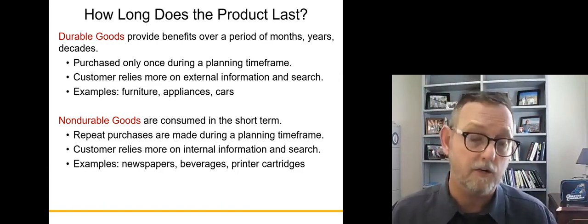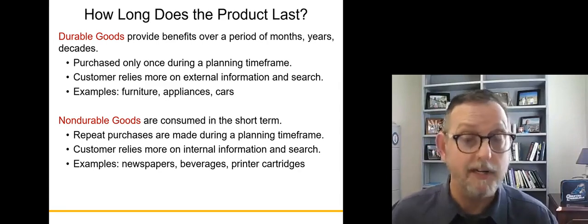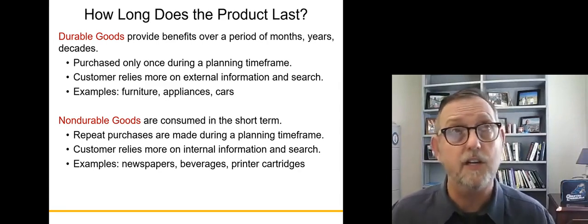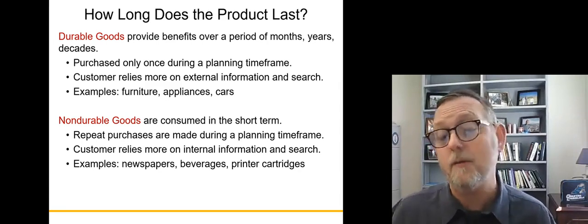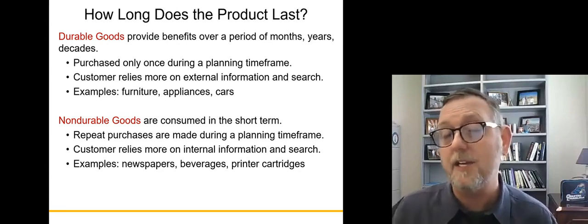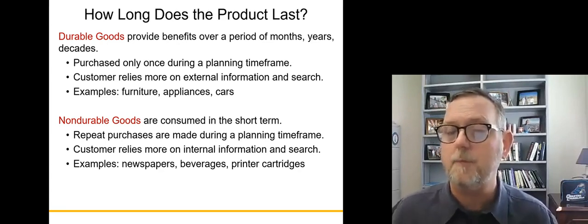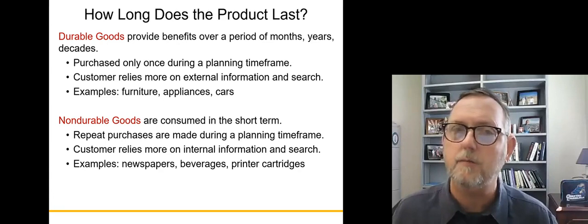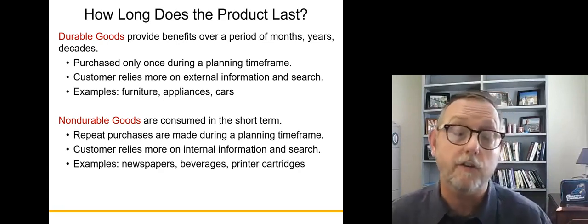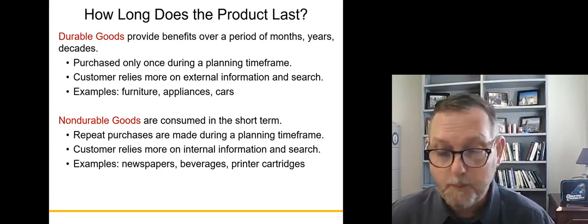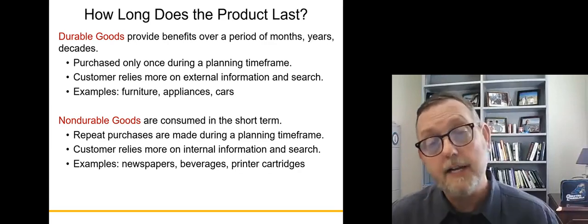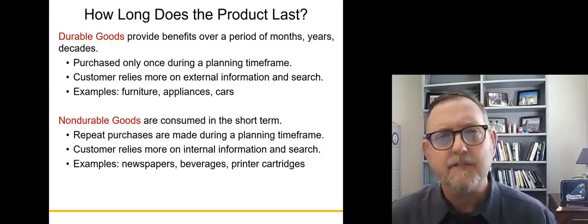They might be routine products you buy on a regular basis, so you're not really doing a lot of decision making. The decision-making process probably isn't as big of a deal on a non-durable good, whereas it is for a durable good. Okay, so a couple ideas there.